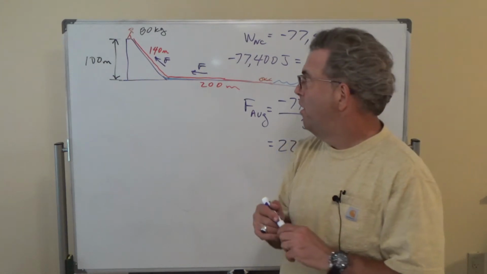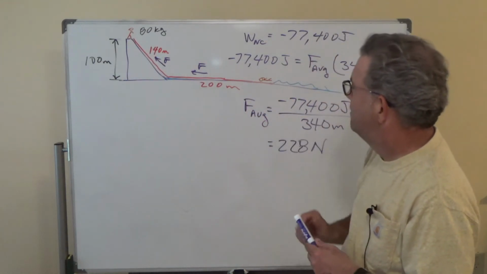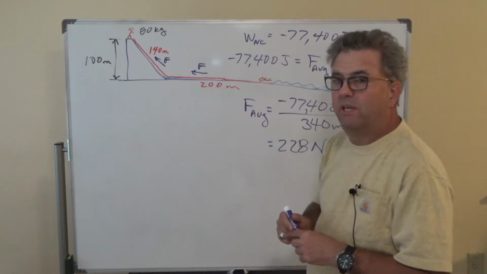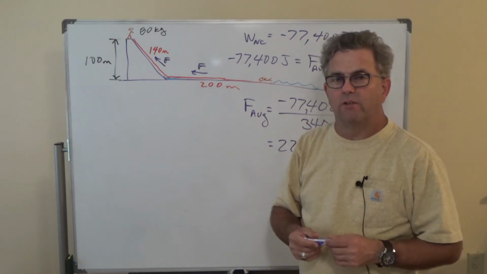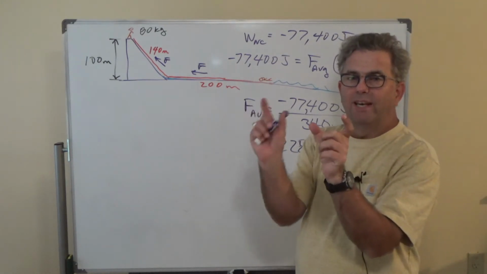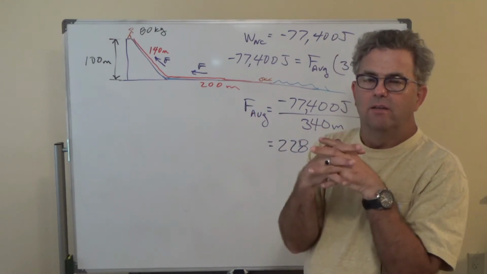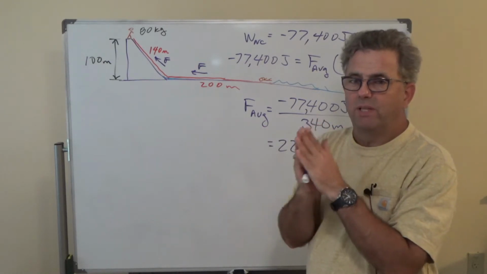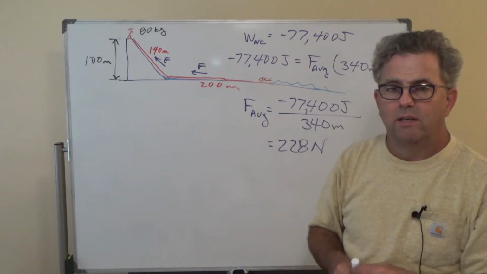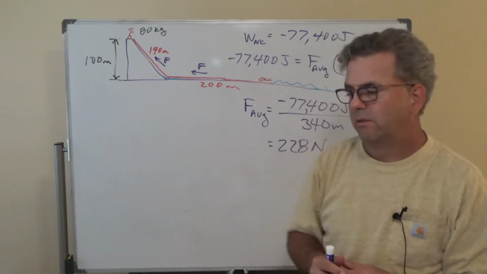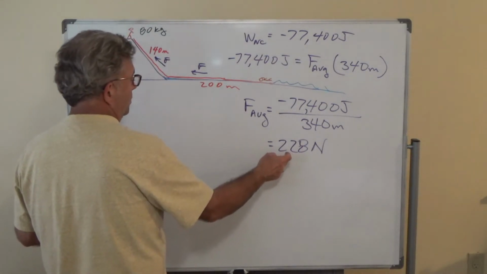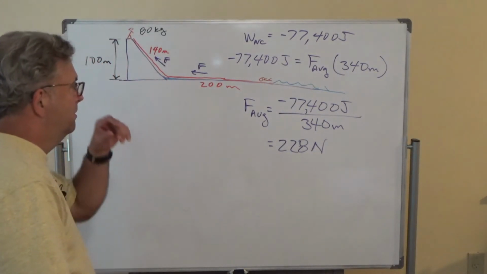Had there been no force, that person would have come out at, like we said, 44 meters per second or something. And delta PE would be the negative of delta KE. And that would sum to 0, but that's not what happened. They came out at a much lower velocity, so there were some losses. And the average force is 228 newtons.